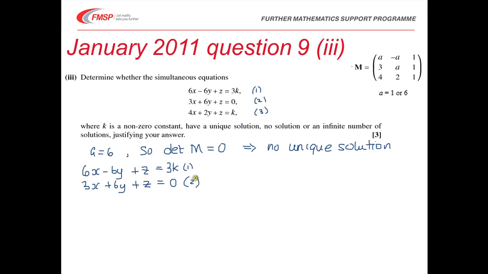Hopefully you can see that by adding these equations I'm going to eliminate y. So if I add 1 and 2, then I end up with 9x plus 2z is equal to 3k.